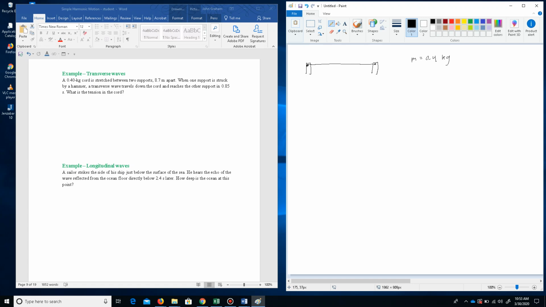And the distance is 8.7 meters apart. You strike a support with a hammer. The hammer strikes the support, and it sends a wave down through this cord to the other support.